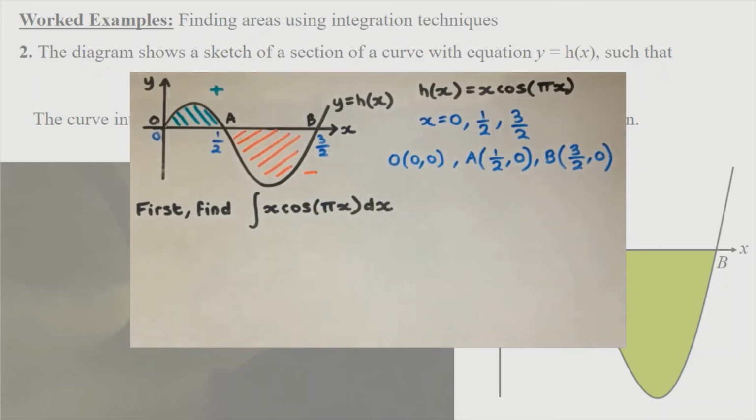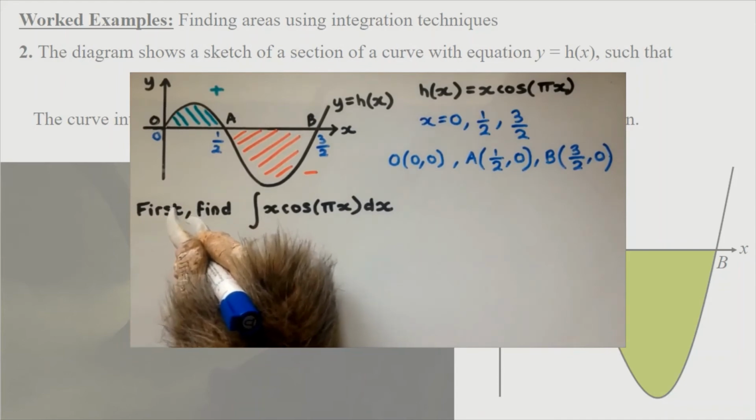We'll apply the limits later. How are we going to do this? Well, we have a transcendental function cos of pi x and a power of x. This is a prime integration by parts candidate. Let's write down what our u's and v's and their derivatives are going to be.